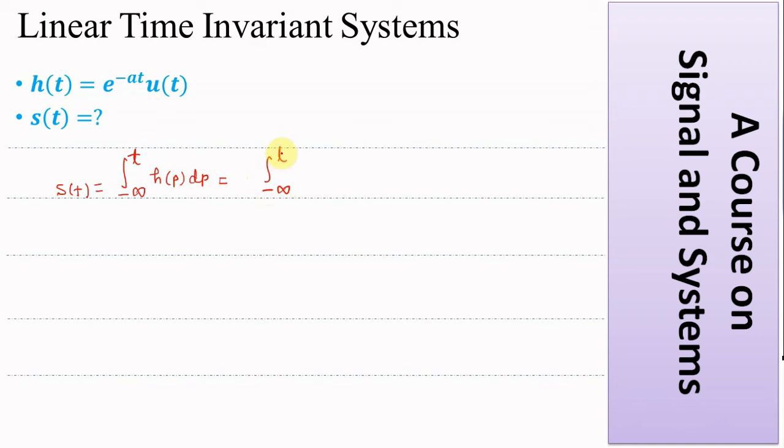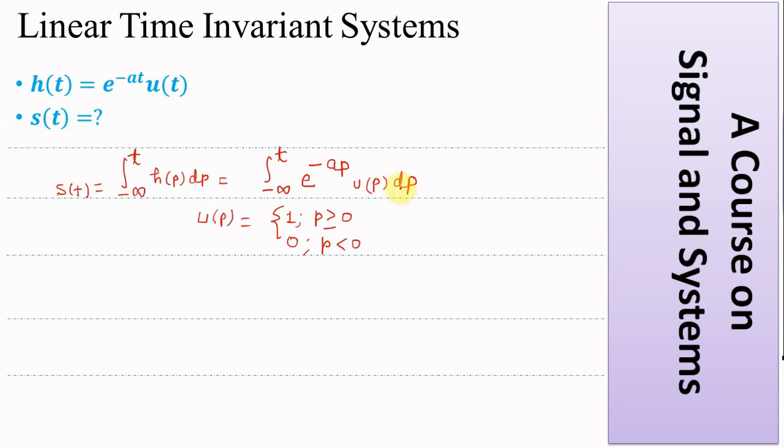It will be the integral from minus infinity to t of e raised to the power minus a p times u(p) dp, because we are now writing h(p), right? So in place of t, I've just replaced t with p, standard protocol. What about this u(p)? u(p) is the unit step signal. The independent variable is p. As far as u(p) is concerned, u(p) is either 1 for positive values of p, and becomes 0 otherwise.